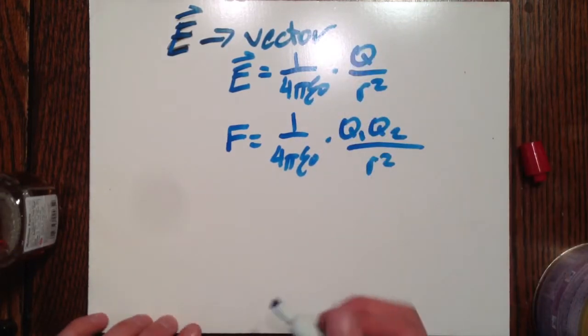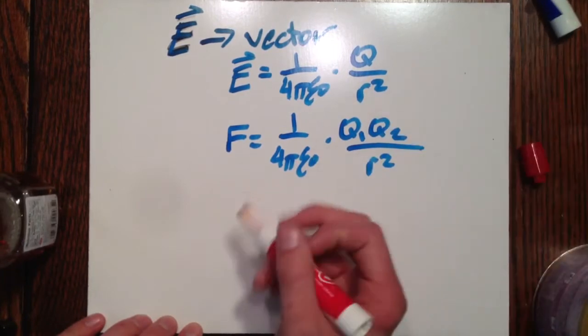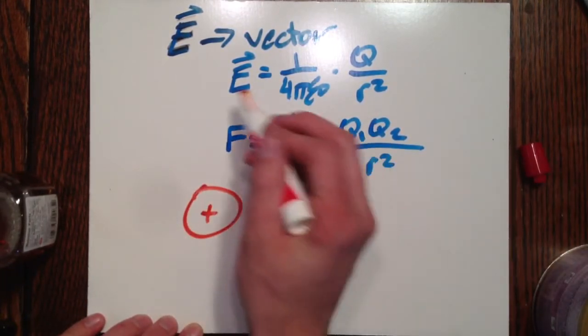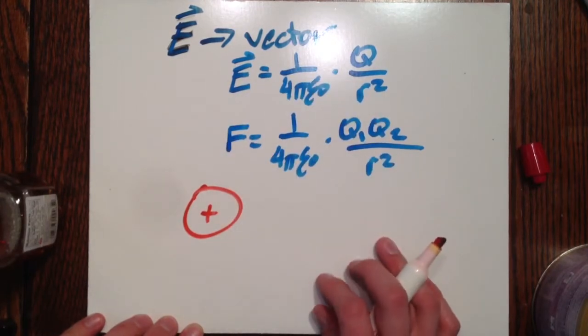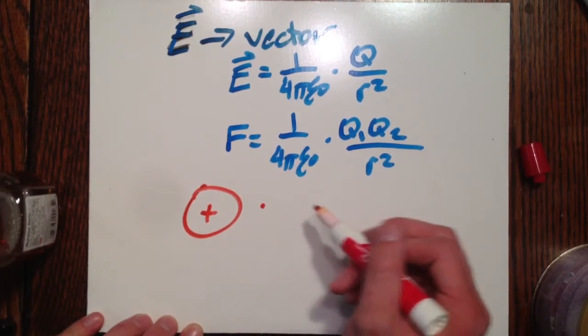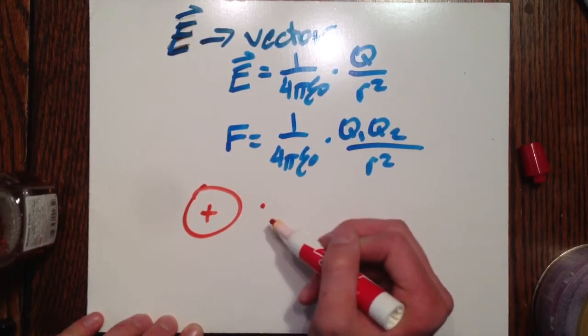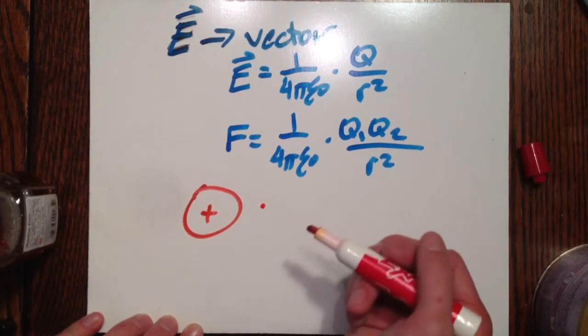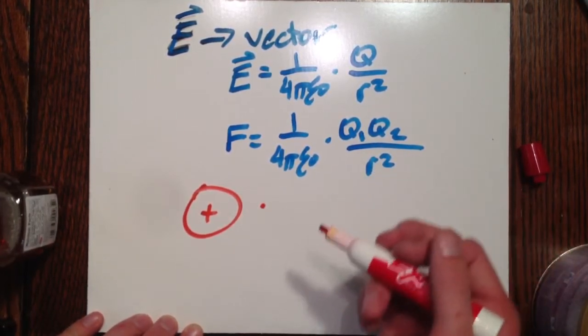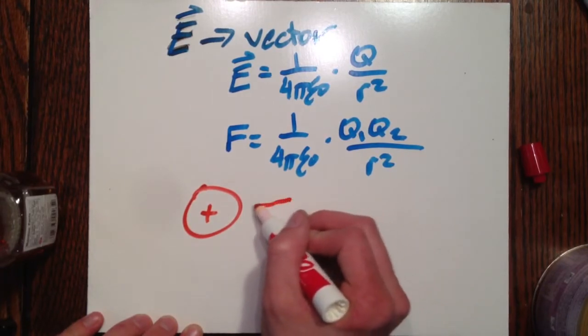So, let's say that I have a positive charge. Well, anytime we're looking at electric field and what's happening with electric field, we're going to use what's called a positive test charge, meaning that if I placed a tiny little positive charge right there, I draw an arrow on the direction that it would move, or really what direction of force it would feel.